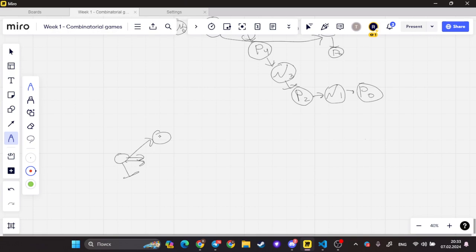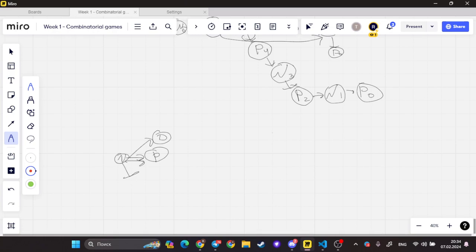But we can't say anything about this vertex, because maybe there exists this kind of vertex. It means that this vertex will be n.